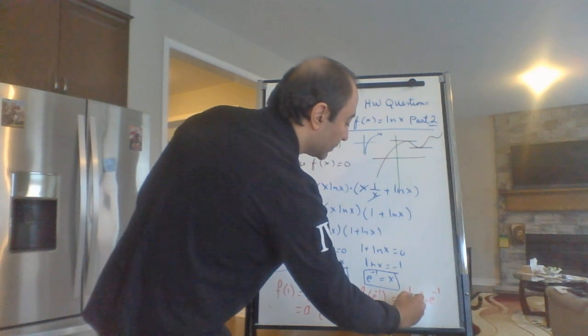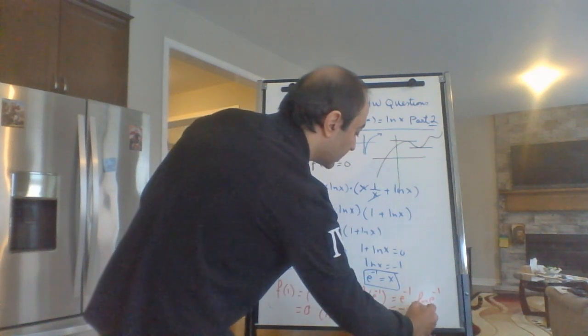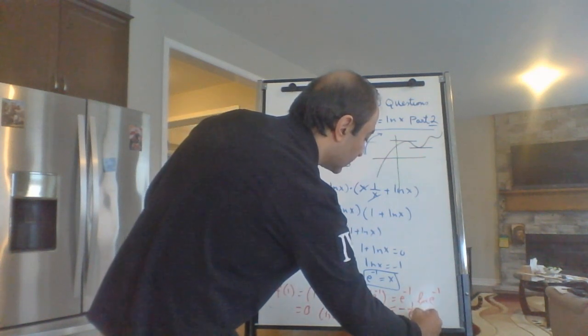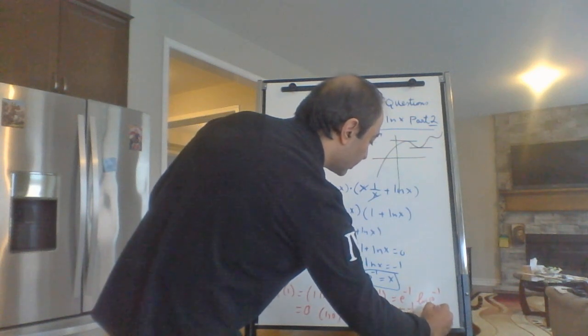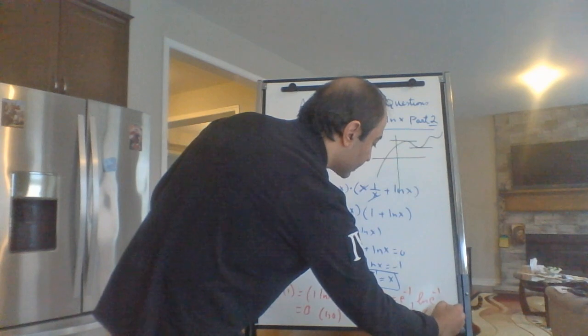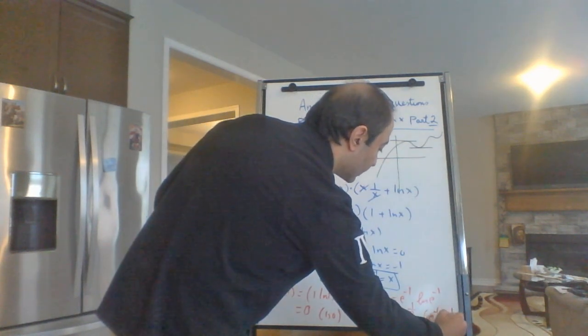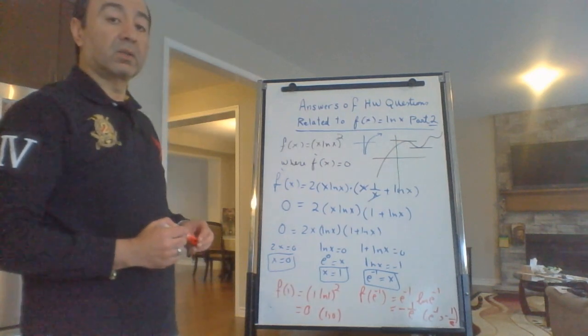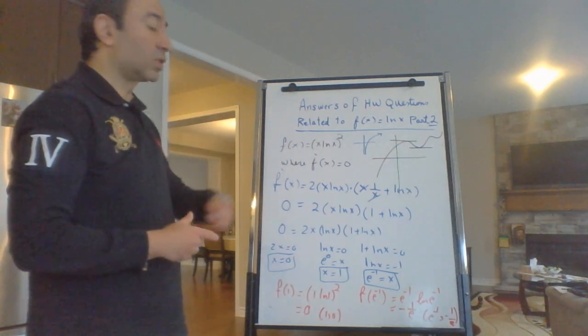E to the power of negative 1 is 1 over e, so the point here will be e to the power of negative 1, or 1 over e, and the y is 1 over e, squared. These are the 2 points where the tangent is horizontal.